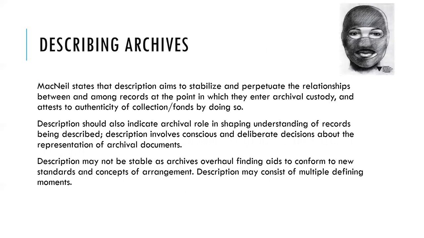To talk a little bit more about arrangement and description, and especially description, again, we have McNeil talking about the stabilization of relationships among records as they enter archival custody. And again, this authenticity attestation that occurs when records come into archives.